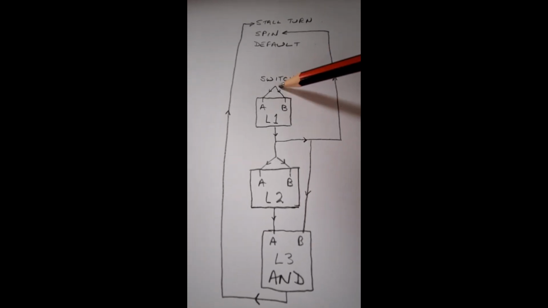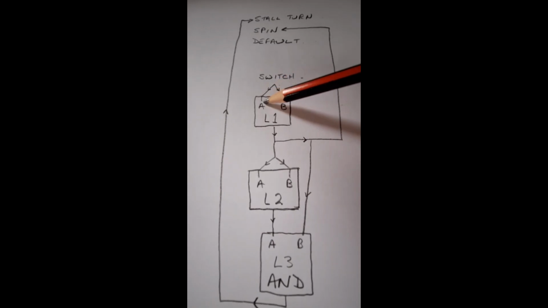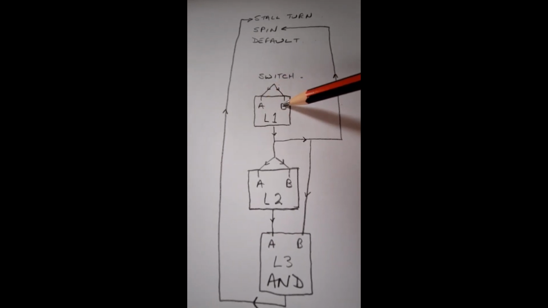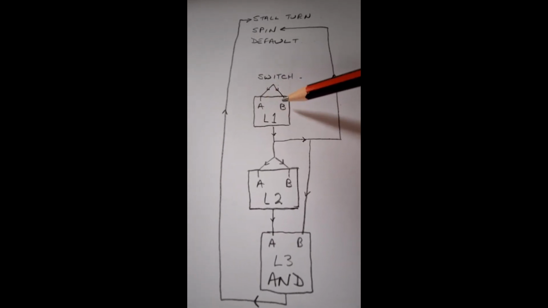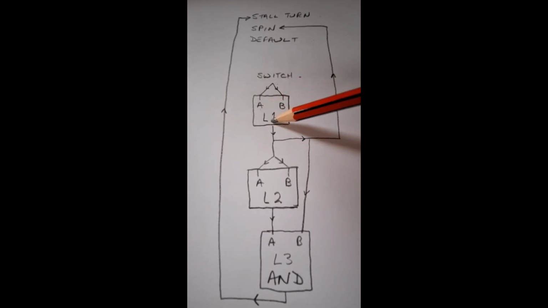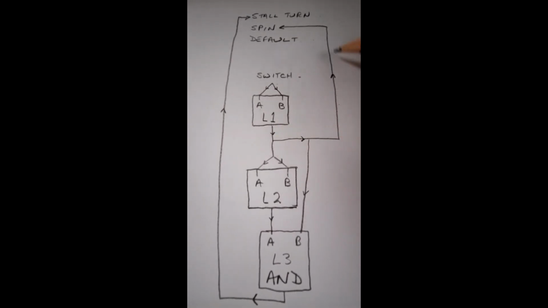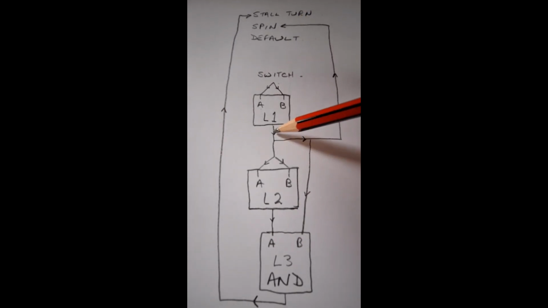When we pull the switch or push button, that generates an on signal which goes to both the A and B inputs of logic switch 1. But since logic switch 1 is off, it treats this as A, the on. So logic switch 1 output goes on. First of all, this feeds through to spin mode, so spin mode switches on.